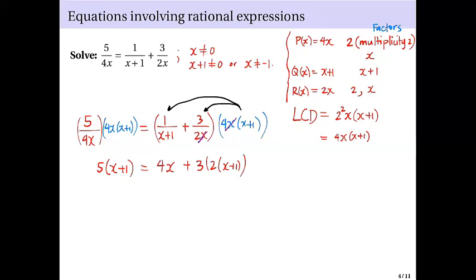Then this 2 here will cancel the 4 here, but you will still have 2 there. Is that clearer now? And then, of course, you will have 3 times 2 times x plus 1. Is that better?